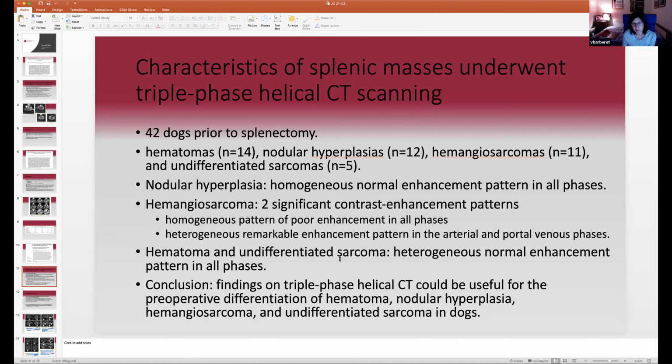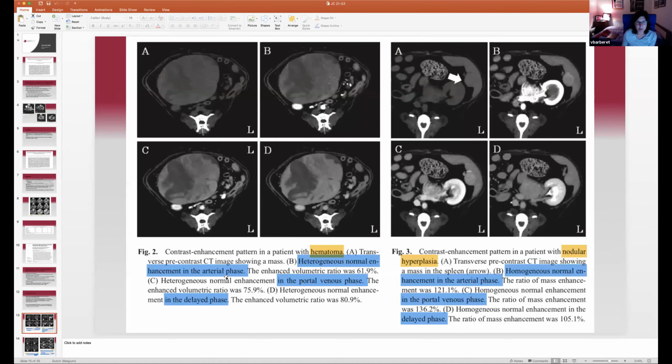And for the hematoma and the undifferentiated sarcoma, they had what they call a heterogeneous normal contrast enhancement. So their conclusion based on that was that CT was actually quite useful to make the differentiation, which I didn't really know how they got to. So I will show you some examples.